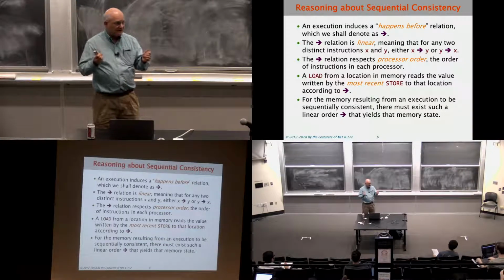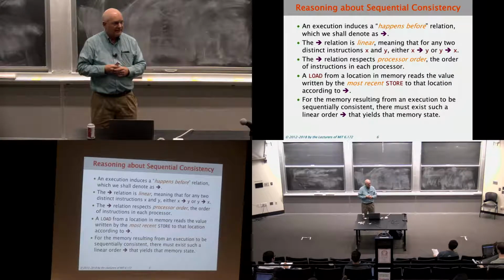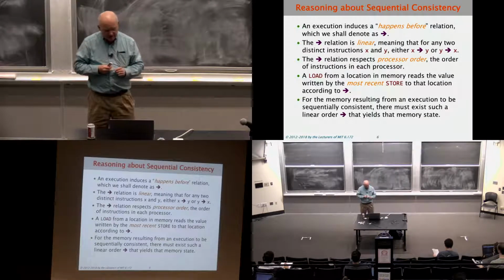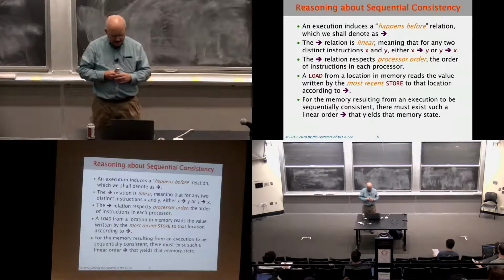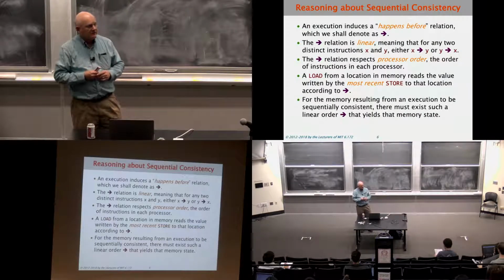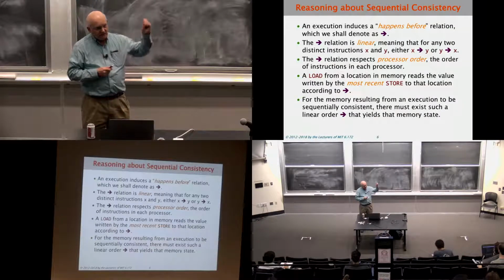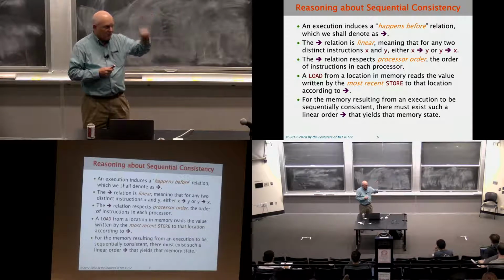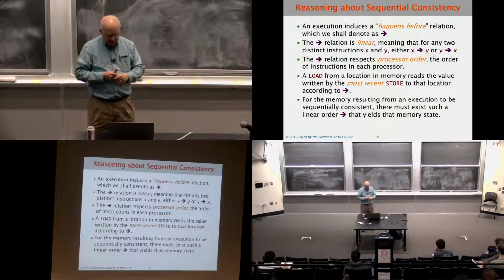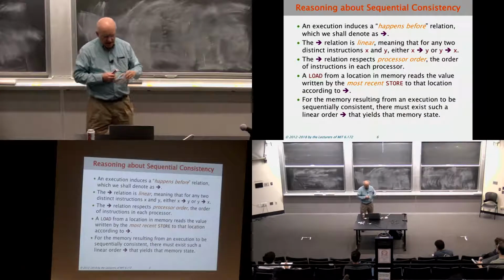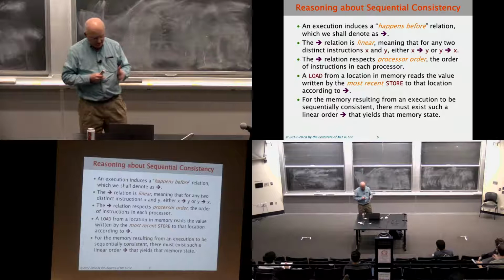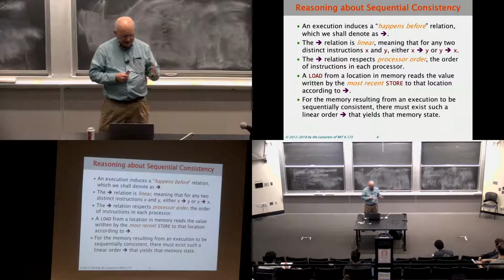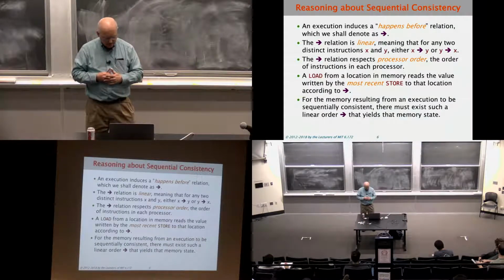This is the notion of a linear order. The happens-before relation has to respect processor order. In other words, within the instructions executed by a processor, the global order has to have the same sequence of instructions that the processor thought it was doing. And then a load from a location in memory reads the value written by the most recent store to that location according to happens-before.